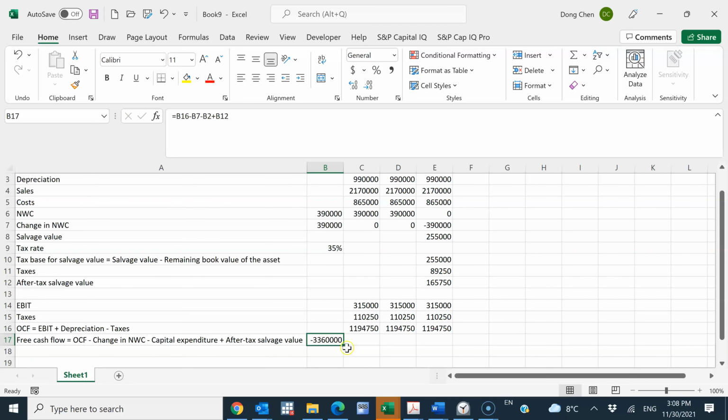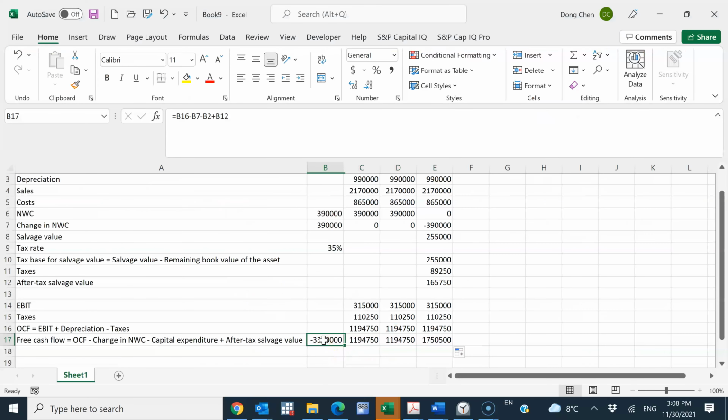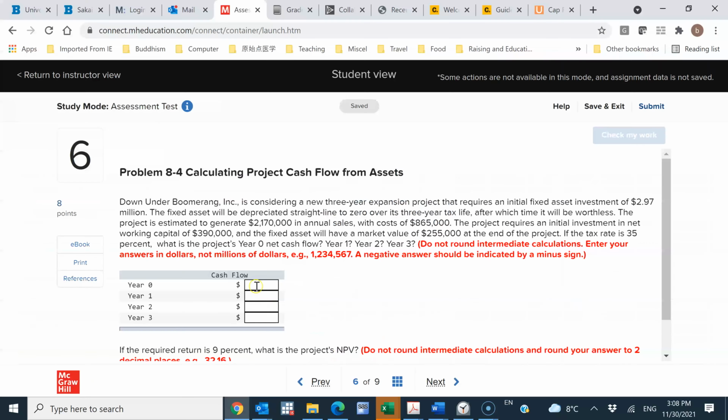And then I can extend this formula to all other years, and Excel will automatically calculate the free cash flow for me. So the final part of this work is simply to copy the number back. So just copy the number back.